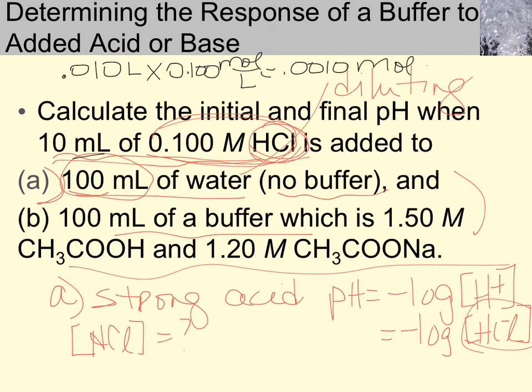But you need concentration to find pH, right? So that's how many moles you added, but now what is the total volume of solution that you have so that you can find molarity? Well, you added 10 milliliters to 100 milliliters, so you have 110 milliliters, okay, or 0.110 liter.